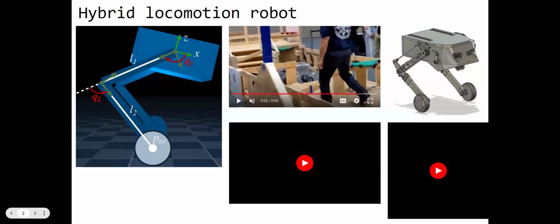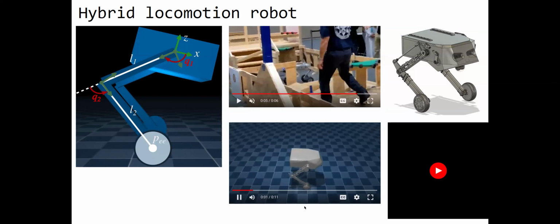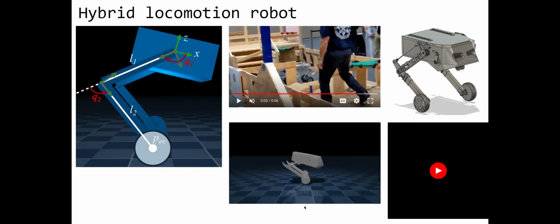So to take the good things from both worlds, we are making hybrid locomotion, which means that we have legs with wheels on the toe, which makes us able to ride at high speeds on flat surfaces and also walk over obstacles which wheels cannot overcome. And here you can see the model in MuJoCo, which you will work with.